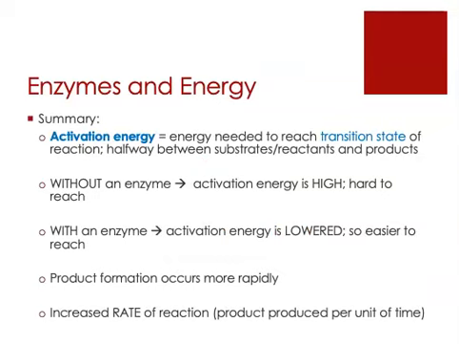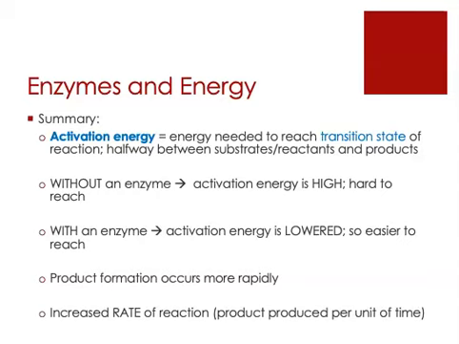So, to summarize, the activation energy is the energy needed in a chemical reaction to reach the transition state, essentially halfway between substrate and product, where the old bonds have been broken down, but no new bonds have been made yet. Without an enzyme, the activation energy is typically quite high and hard to reach.